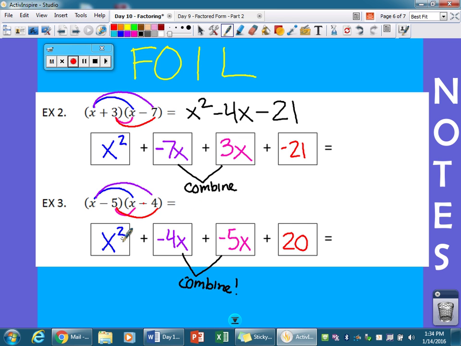So I still have my x squared. Negative 4 plus negative 5 gives me a negative 9x. Or you can say plus negative, but again, I just like to say minus 9. And then I still have that plus 20. And there you are. All right, let's try another one.